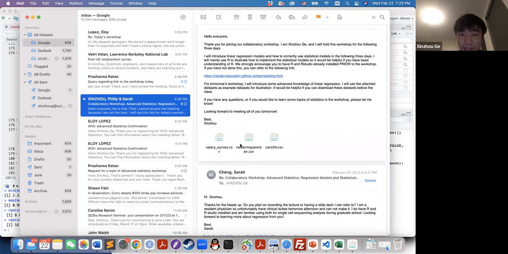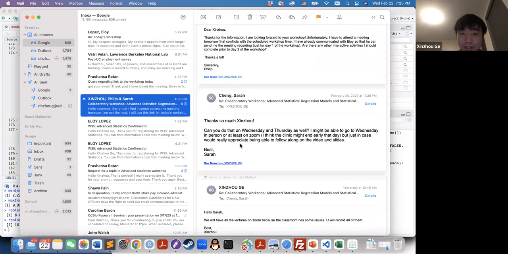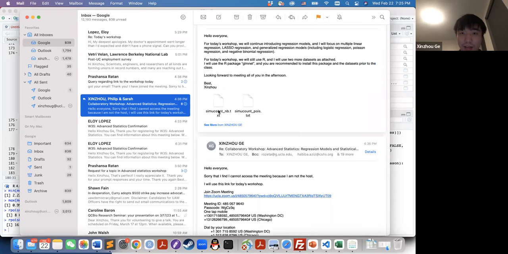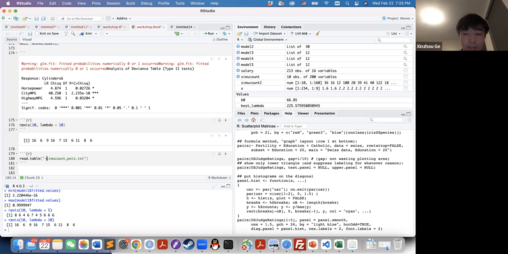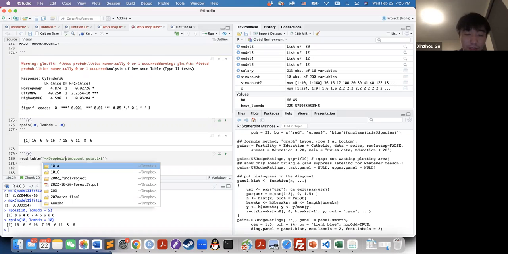Okay, I sent you the txt file, so I should use the txt file. That will be the directory of the file.